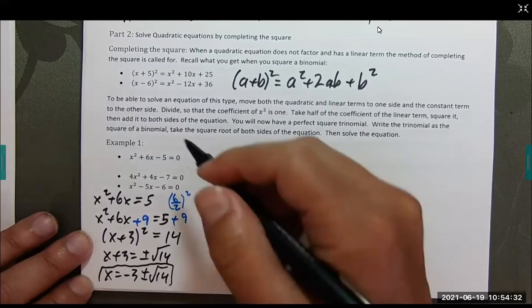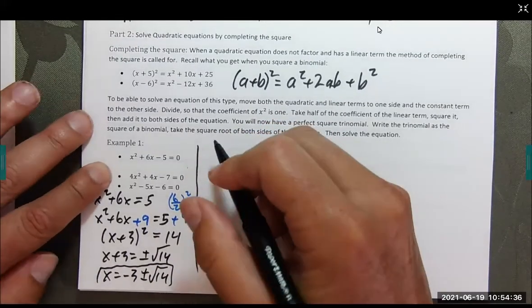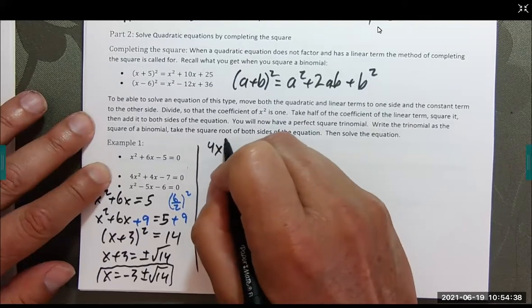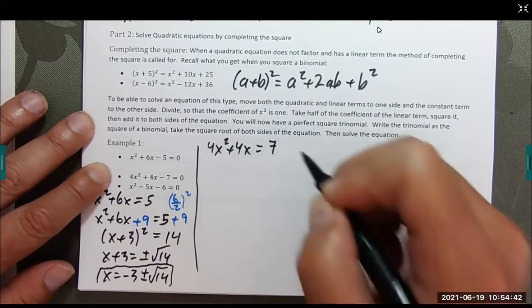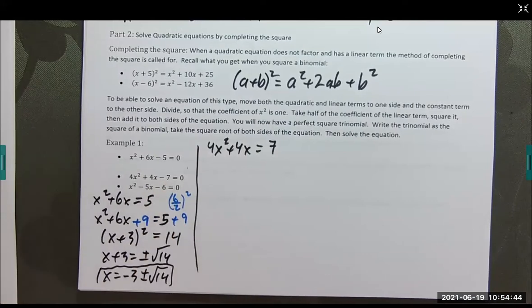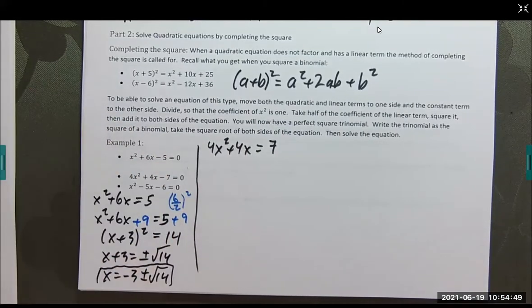The second one gets a little bit intense. So I went ahead and added the 7 to the other side. What I'm going to do here, because that lead coefficient is not a 1, I'm going to have to divide through by the 4.